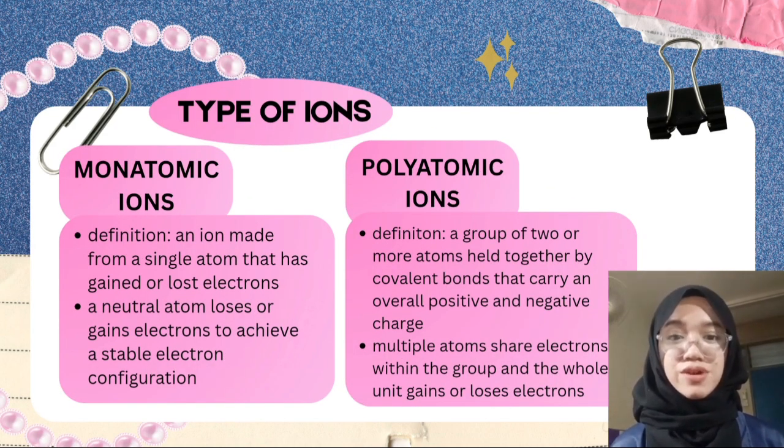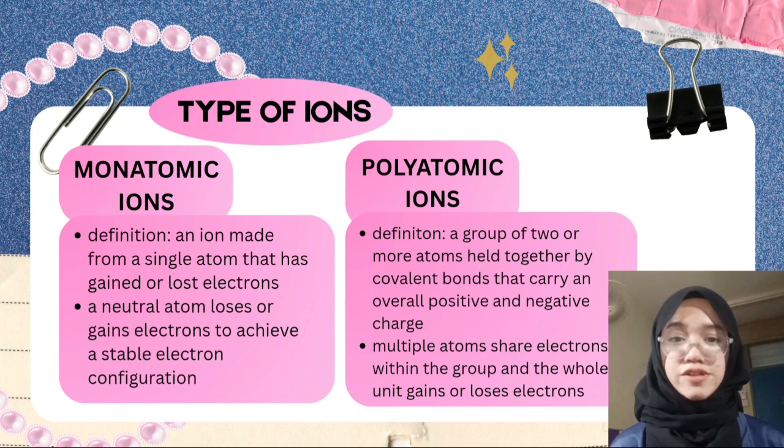Ions are also categorized by their structure, which are monatomic ions and polyatomic ions. A monatomic ion is an ion made from a single atom that has gained or lost electrons.